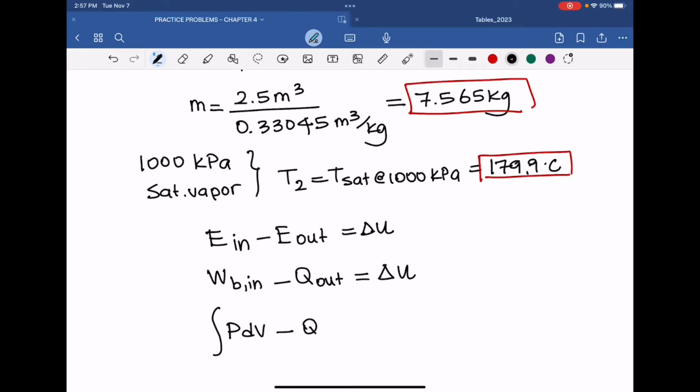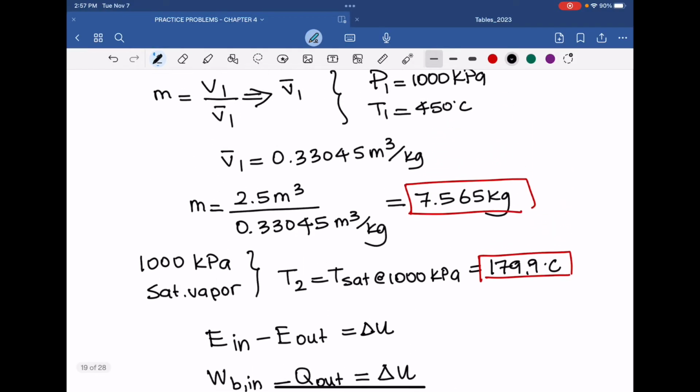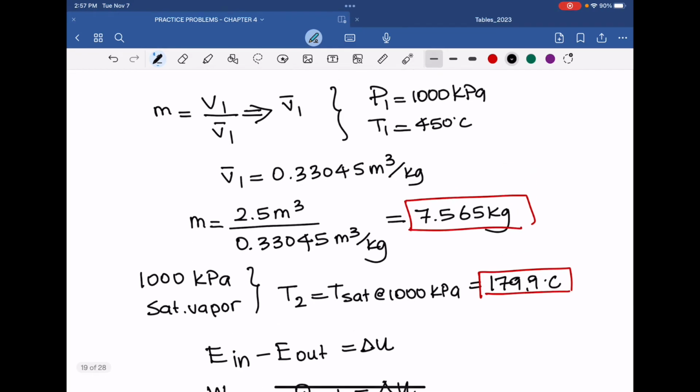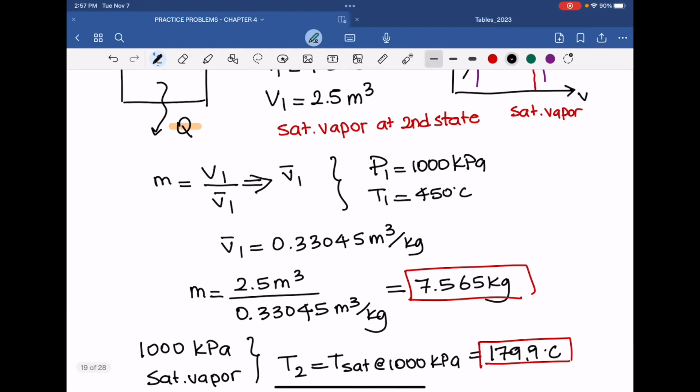That is what we are trying to find out. And this is m times. Well, now you need to go back and figure out the specific volumes we already did for both states and internal energies for both states.